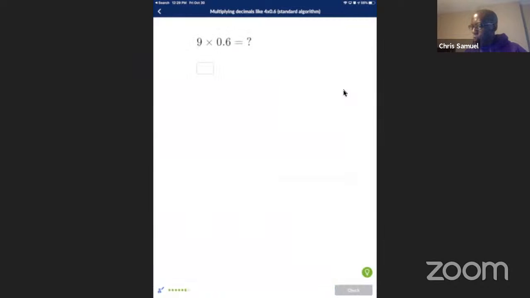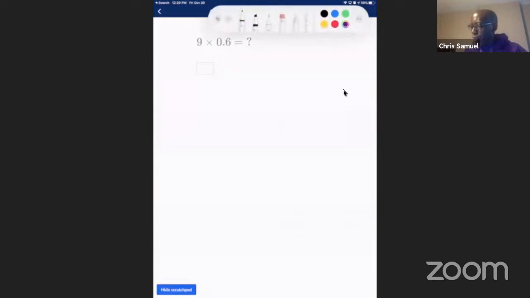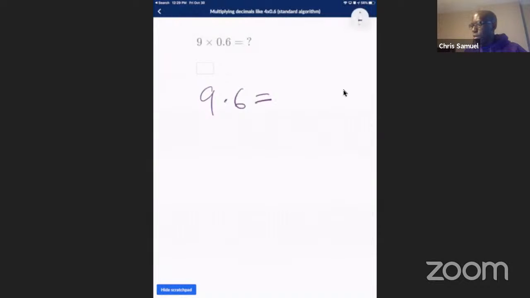Let's move on to the next one. This is just like saying 9 times 6. 9 times 6 is 54, right? So 9 times 0.06, you say 54, but move the decimal point. The decimal point is back here. Move it over there. And I like looking at it like that.